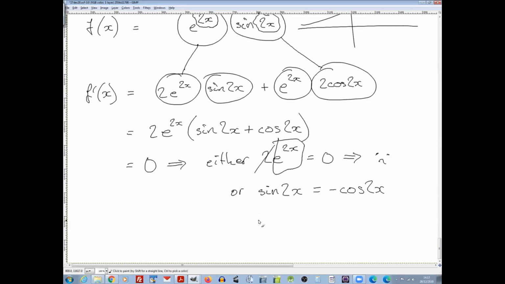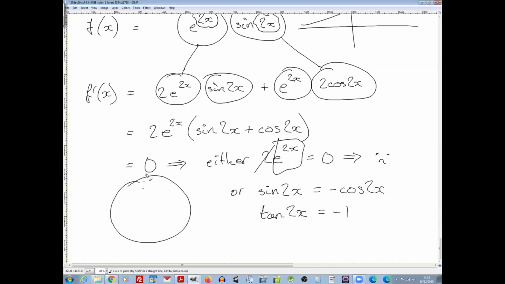Would you divide them both by cos or something? Yes. Divide both sides by cos 2x. So then you've got tan 2x. Tan 2x equals minus 1.